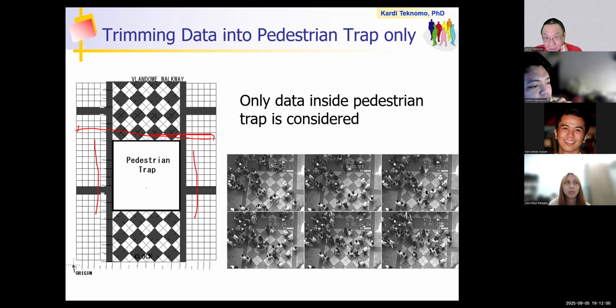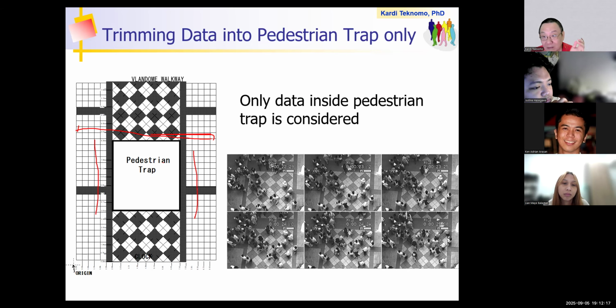Because I take a sample. When you take the sample, you consistently say, this is my sample area. Of course, you need to make the sample as representative as possible.